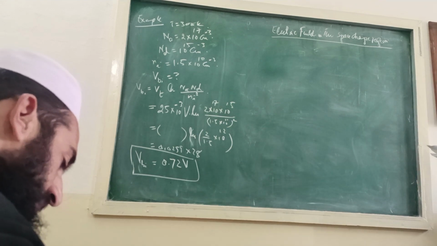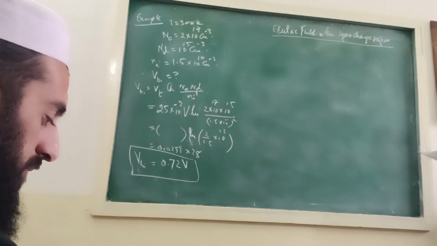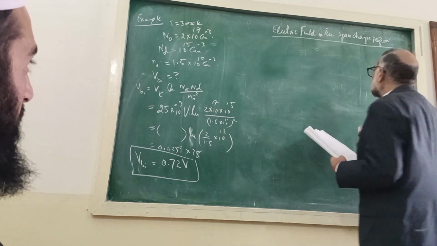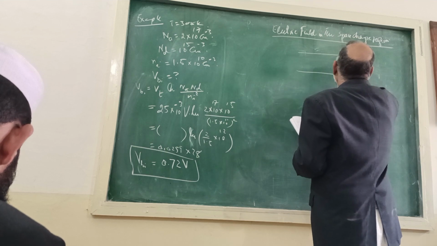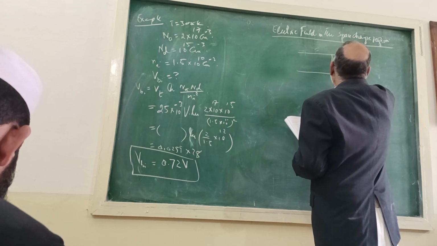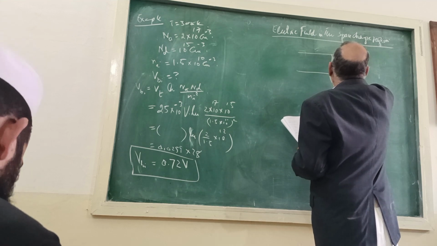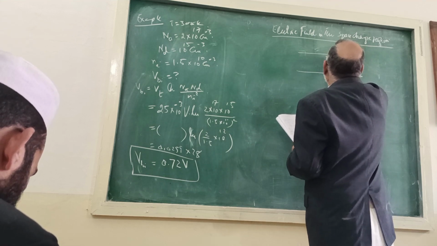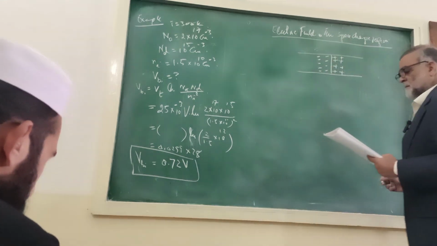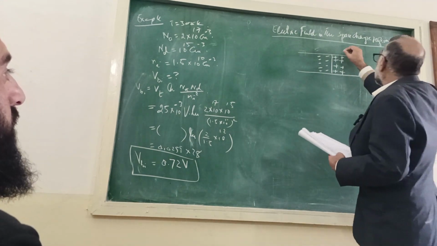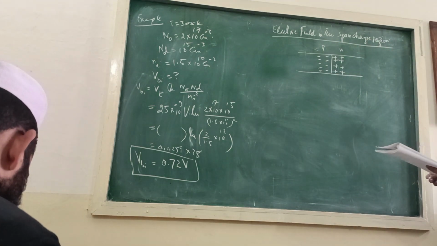We have the space charge region, which we call the depletion layer. So what is the electric field? That's the junction. This is the N side, that is the P side.